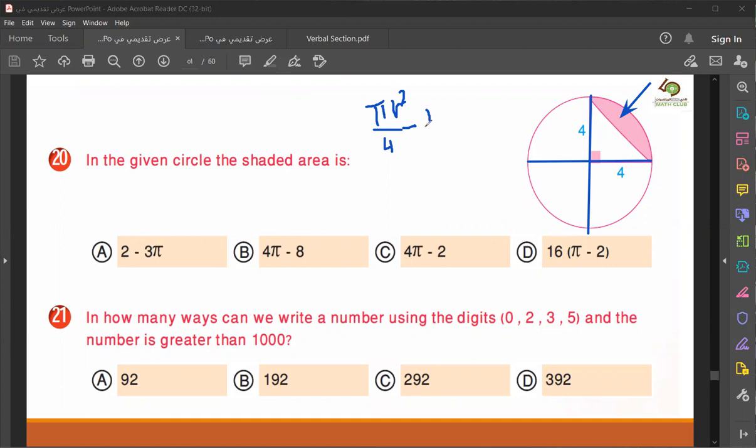Half times base, which is 4, times height, which is 4, right? You simplify, 1 and 2. r square is 16. 16 divided by 4 is 4 pi. So we write 4 pi minus 2 times 4, which is 8. Then maybe you can take a common factor if you need. So the answer is B.